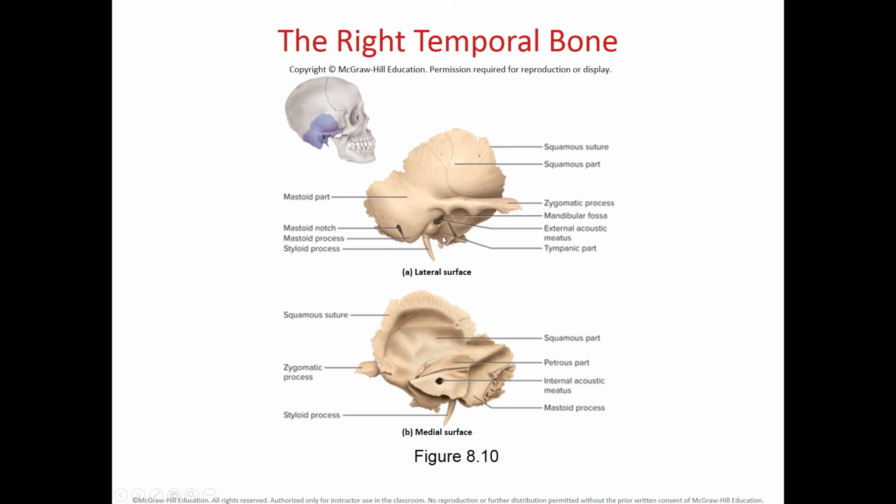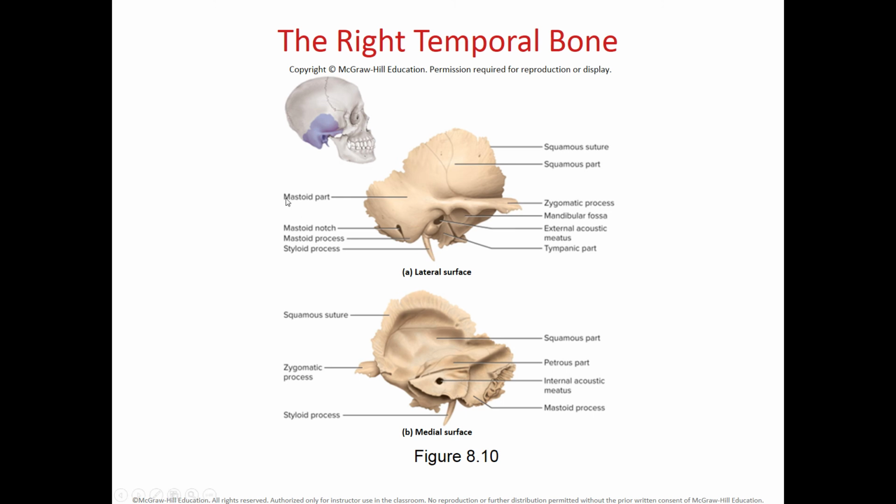And below the external acoustic meatus and the mandibular fossa, we have the tympanic part of the temporal bone. Now, this temporal bone helps to protect the senses of hearing and equilibrium or balance.